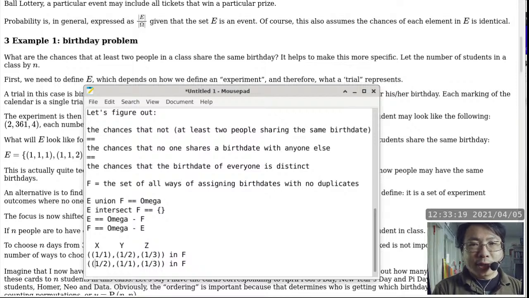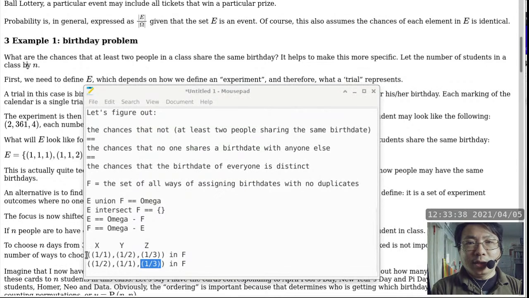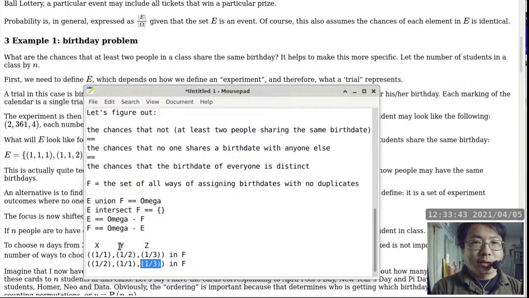The second one says student X was born on the 2nd of January, student Y is born on the 1st of January, and student Z is born on the 3rd of January. This is why they're considered distinct items. What we are assigning to X and to Y are different.